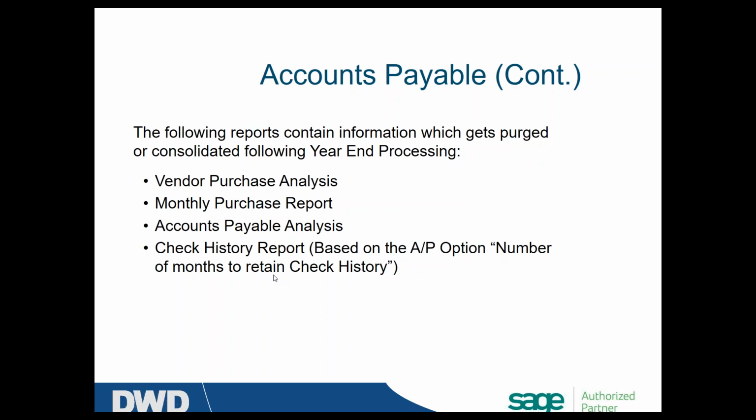That can max out at 99, but if you get beyond that, you might lose some of those details related to check history. So as many reports as you can gather ahead of time, whether you print them on paper or print them to the deferred printer or print them as a PDF or save them paperless, all of that information is just good backup information for you, especially at year end.